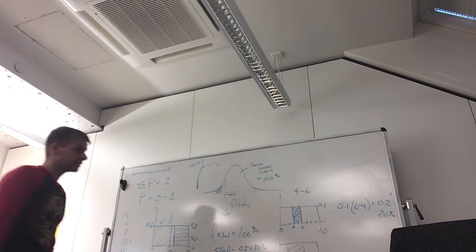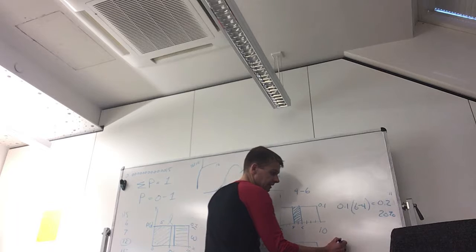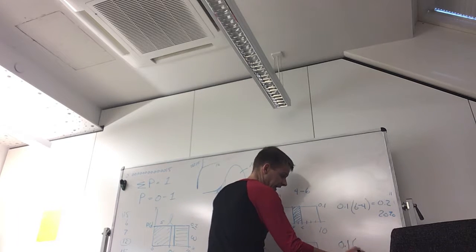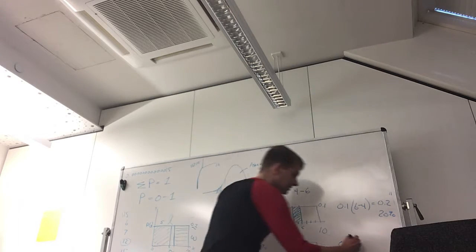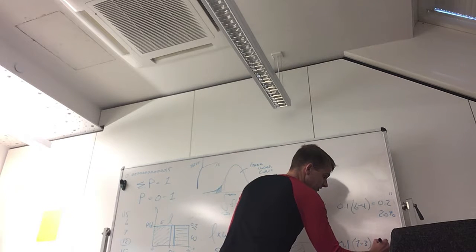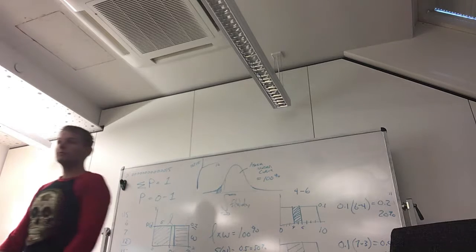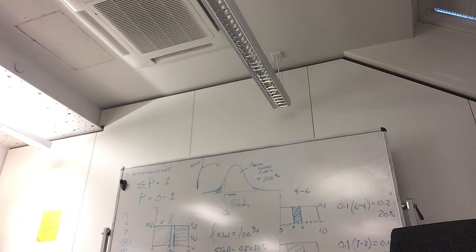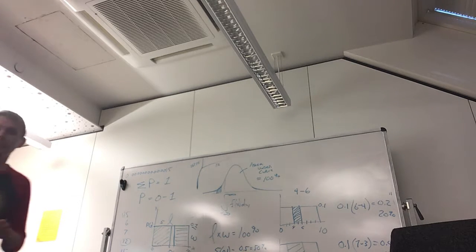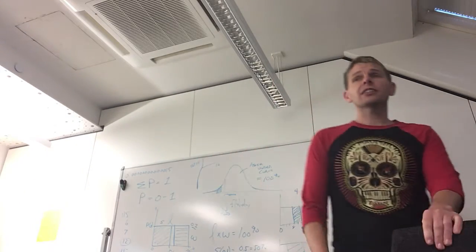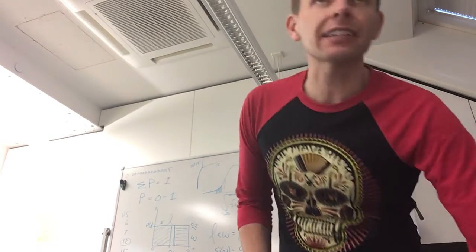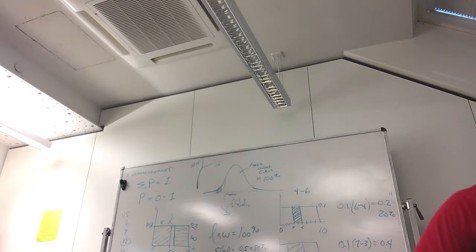All right, so in this case the height again is 0.1 times 7 minus 3, which is 4. So we get 40%. Okay, again, we teach this because it definitely shows the basics of what's going to be a little bit more complicated here in a second.